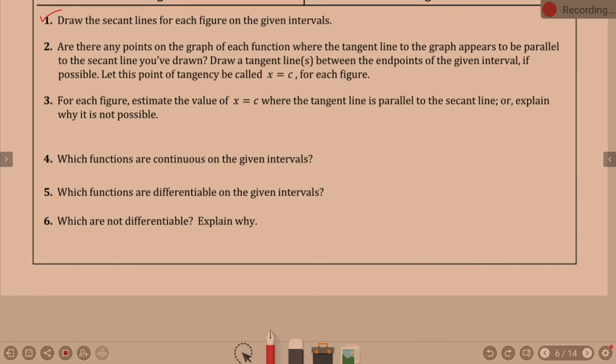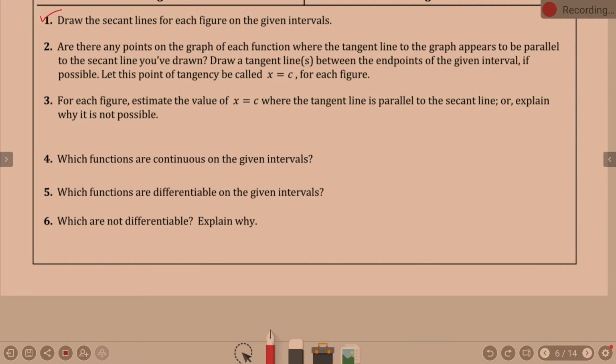Now, part of step 2 is to draw tangent lines. Let me explain, because you'll notice: are there any points on the graph of each function where the tangent line to the graph appears to be parallel to the secant line you've drawn? Draw a tangent line between the endpoints of the given interval if possible.